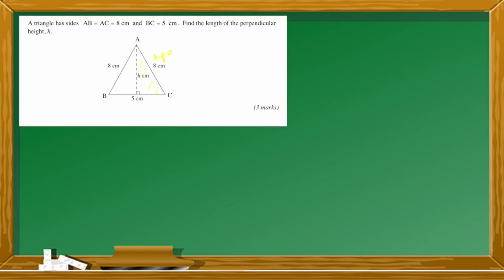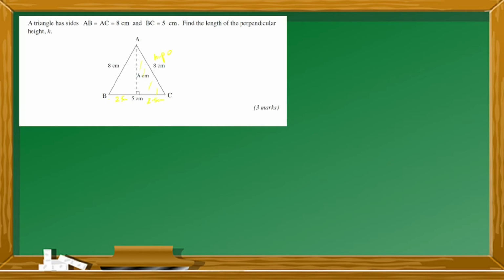We know that a perpendicular bisector cuts a line segment into two equal parts. So if this line segment BC is 5 centimeters, then each side of the perpendicular bisector is equal to half of the 5 centimeters. So this is 2.5 centimeters over here, and this is 2.5.